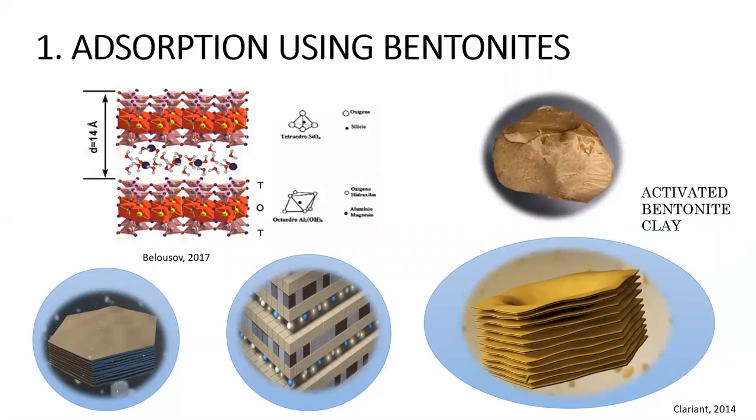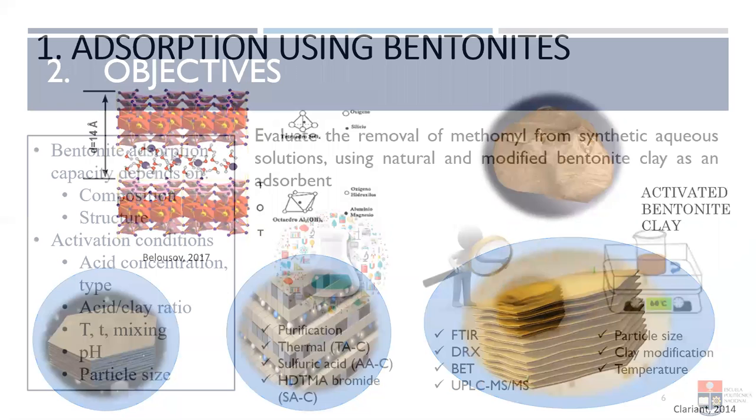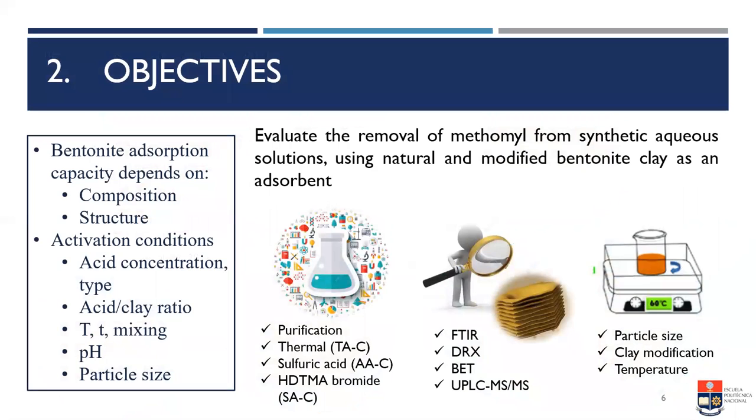And among the clays, bentonite is one of the most widely used adsorbents, and it is activated usually to improve its contaminant removal efficiency. So, having this in mind, we defined for this study as an objective to evaluate the removal of methomyl from synthetic aqueous solutions using natural and modified bentonite clay as an adsorbent.